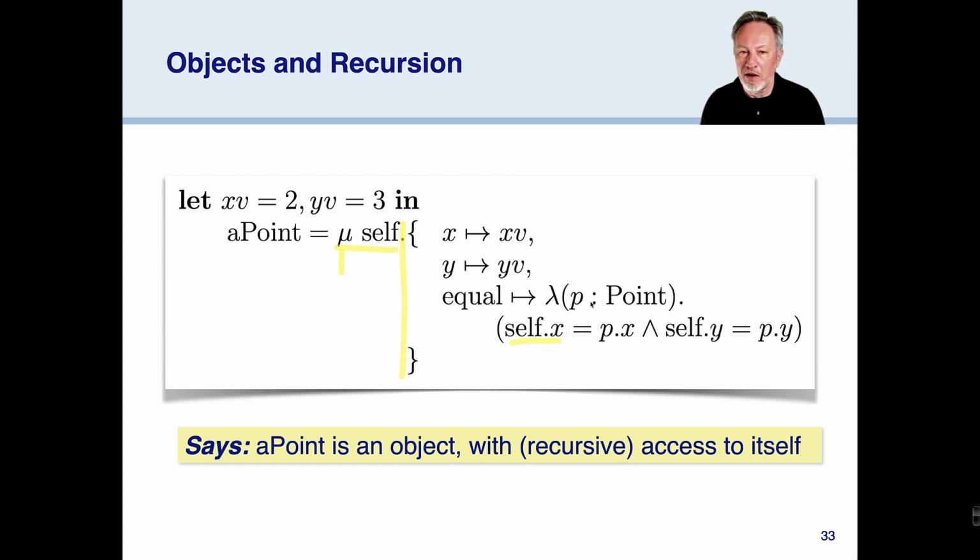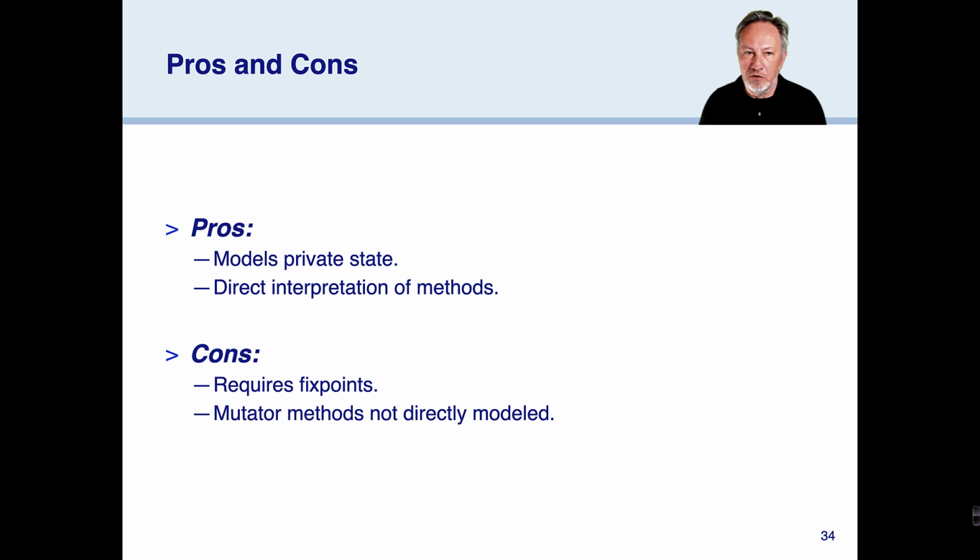So here we have, again, a functional closure, but we have this extra bit that shows us how self can be defined as a fixed point. So far, so good. This is the second approach. It models private state fairly nicely. We directly interpret methods. On the negative side, we need this extra mechanism of fixed points, and we're still not modeling mutation.